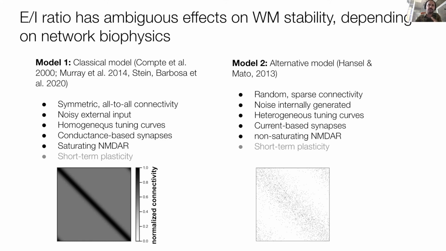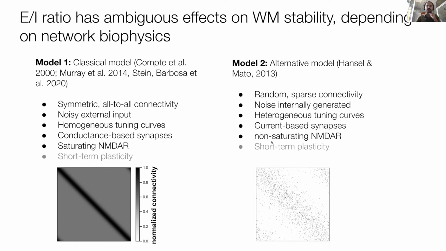This leads to homogeneous tuning curves, as I said, while in this case the tuning curves are heterogeneous. I don't have a figure for you, unfortunately. There are other details that might or might not be important for what we are going to show. The synapses are conductance-based, while in this case they are current-based. The NMDA receptors are more biological, so they saturate, as in real neurons, while in this case they don't saturate.